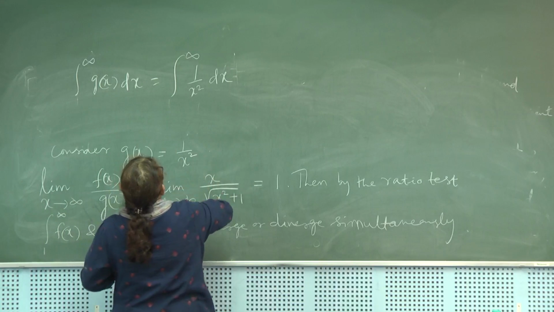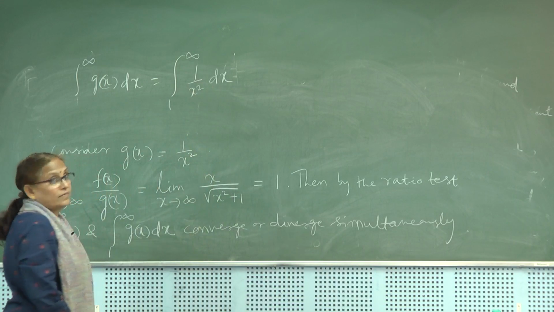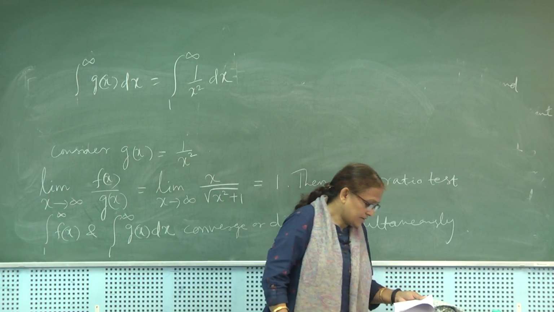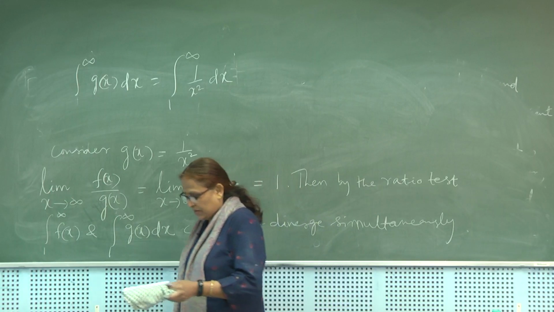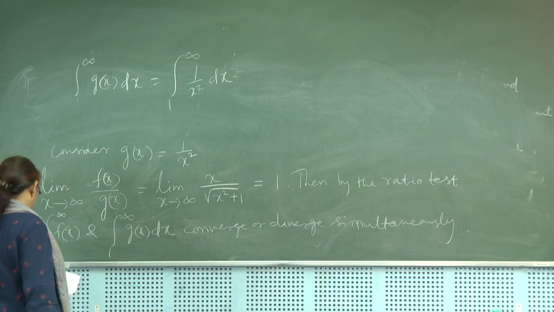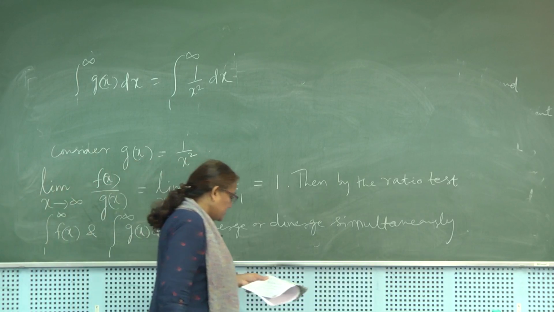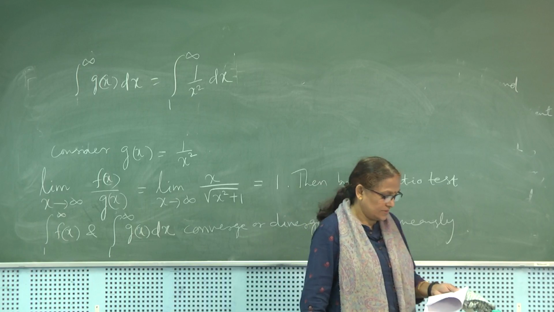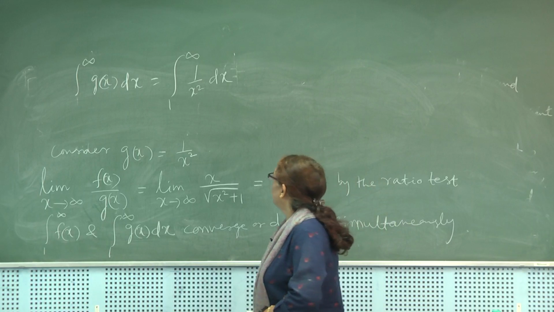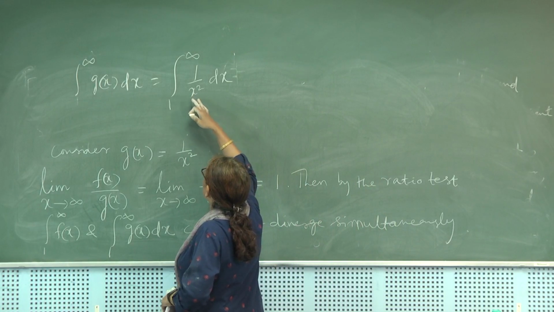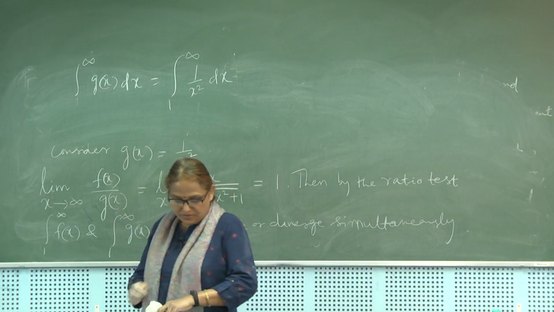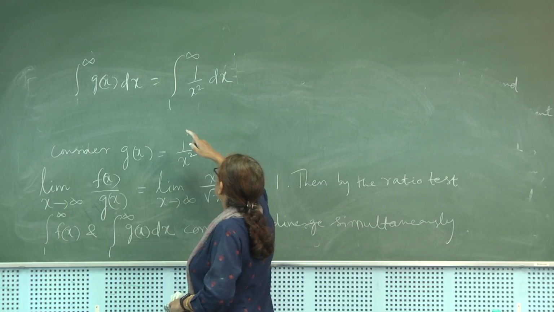I think we have already seen this function earlier, and otherwise also you can apply the p test and say that this is convergent. Directly, either you evaluate this improper integral, or you can go for the p test.